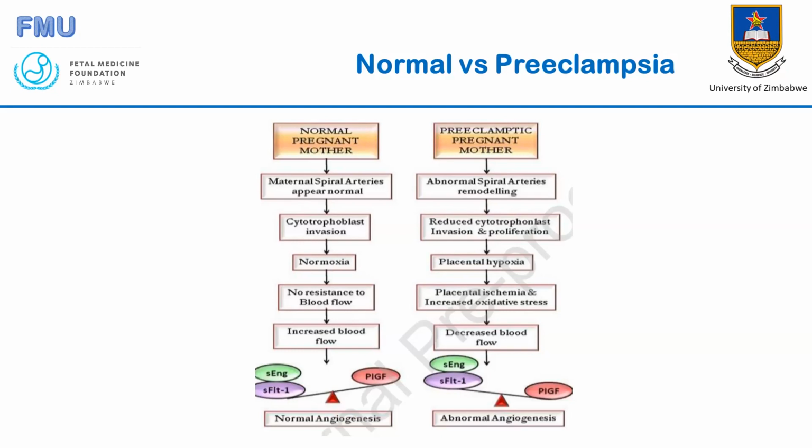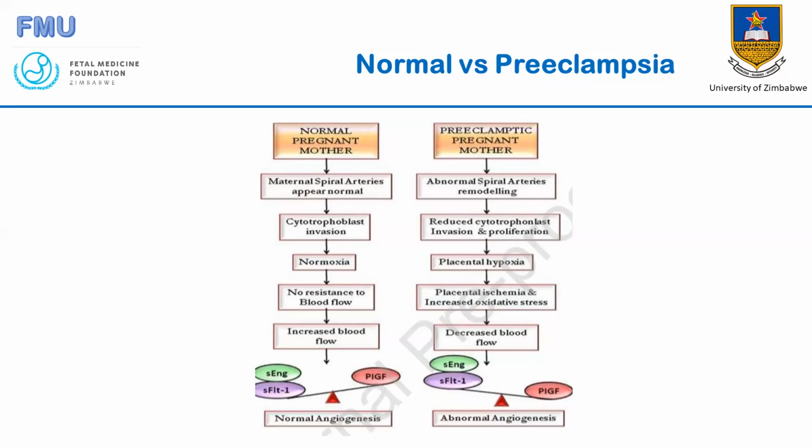There will be normal oxygenation in the normal mother, but placental hypoxia in the preeclamptic woman. No resistance to blood flow in the normal versus placental ischemia and increased oxidative stress in the preeclamptic woman. Then there will be increased blood flow in the normal versus decreased blood flow in the preeclamptic mother.